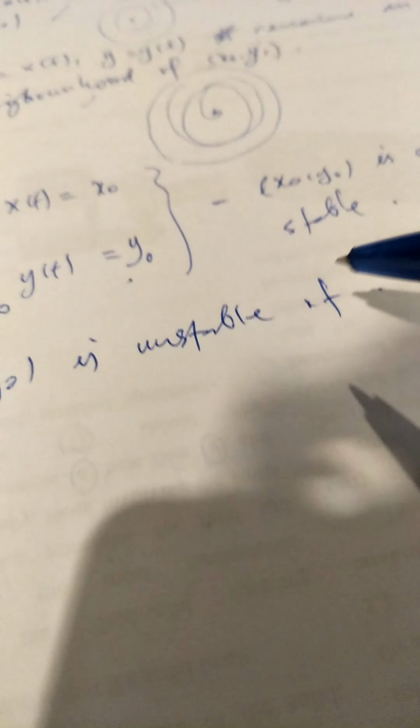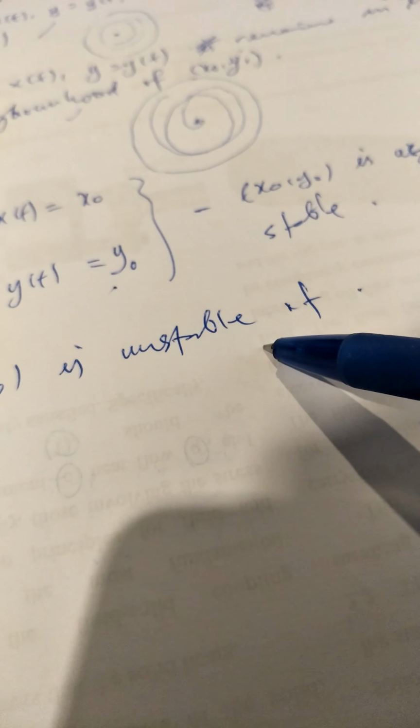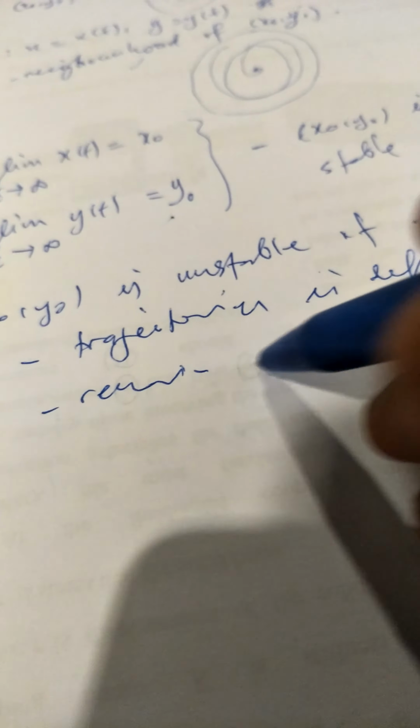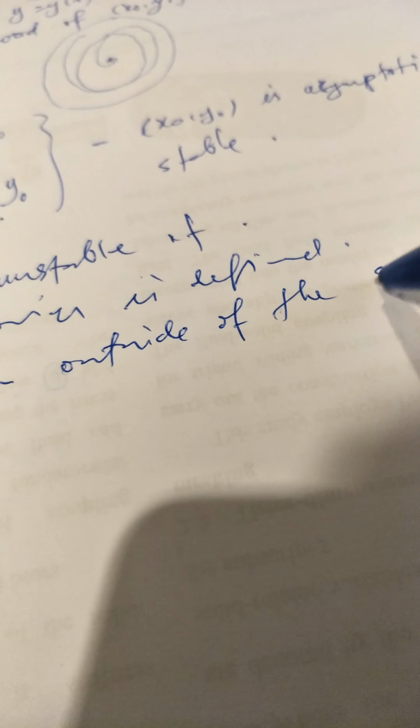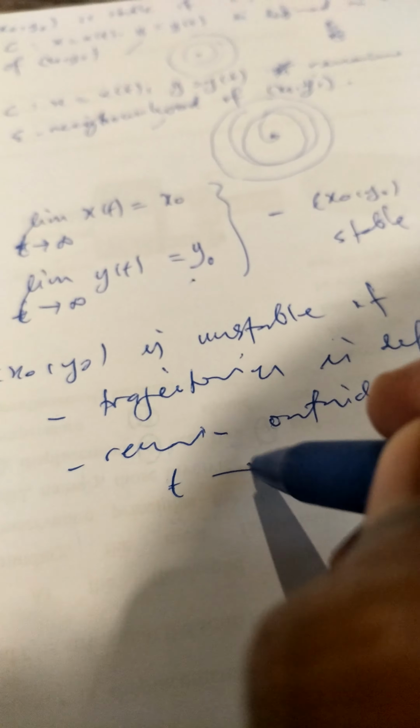That's the difference between stable and unstable critical points. For the unstable critical point, our trajectory is defined, but it remains outside of the epsilon neighborhood as t goes to infinity.